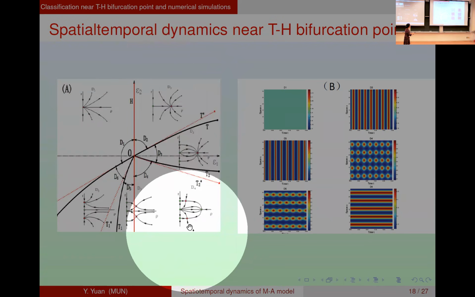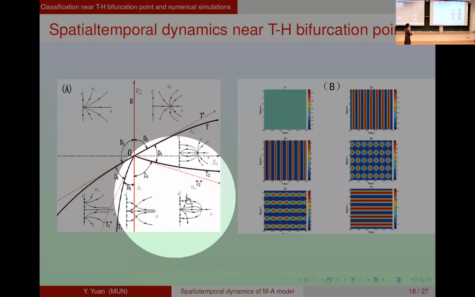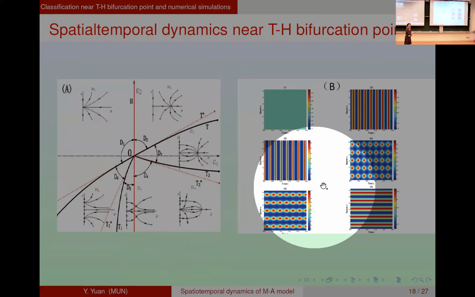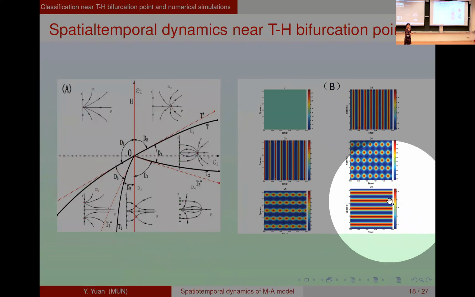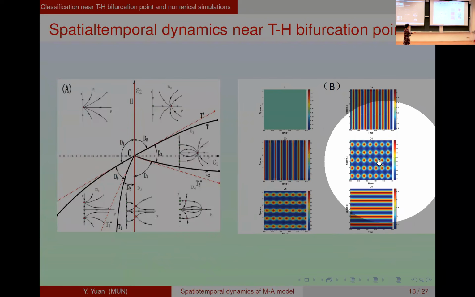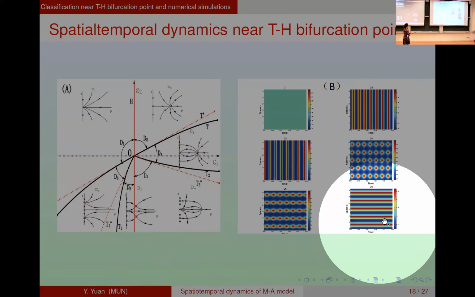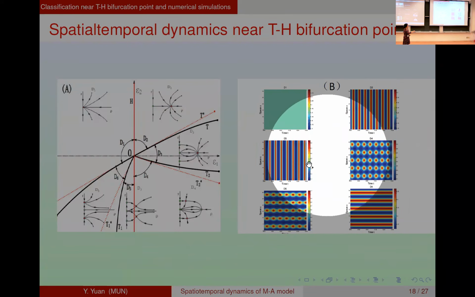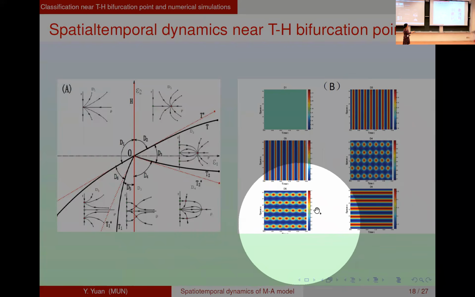For these two, the stable solution is a stable, spatially inhomogeneous periodic solution, for this and this as well. This one is different from these 3 types. These two are similar.